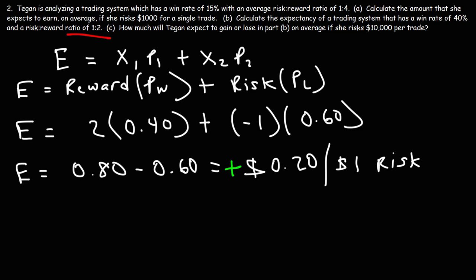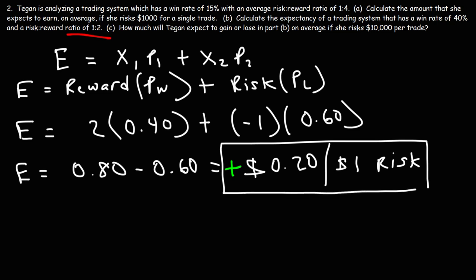In the last trading system for part A, her expectancy was negative 25 cents for every dollar at risk. Because the expectancy was negative, that's a bad trading system, because if she keeps using it, she's going to lose money over time. But this one, the answer is positive, which means that she'll make money over time if she uses this trading system.